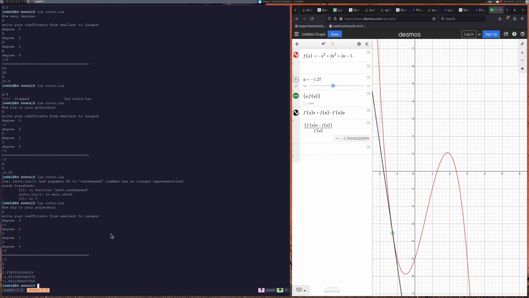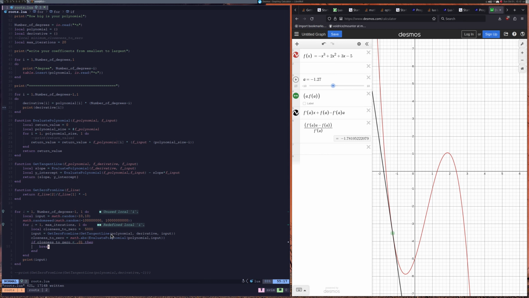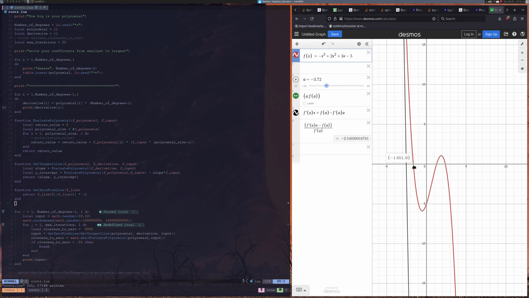Alright, let's see. Let's see what we could do. What I do want to know is if there's a way to figure out the boundary of where the zeros of the polynomial are gonna be.